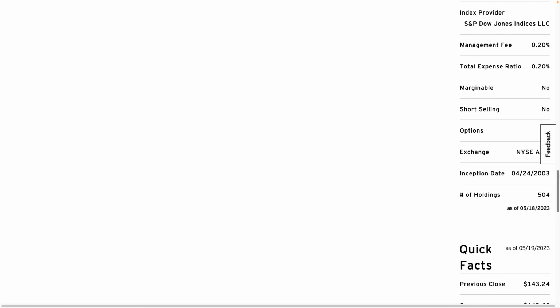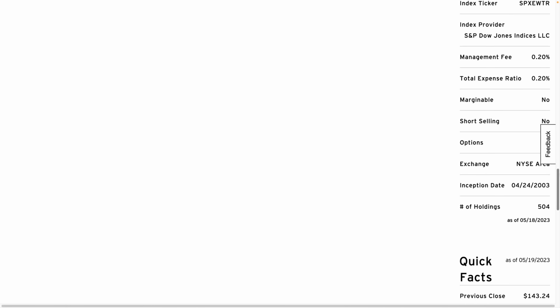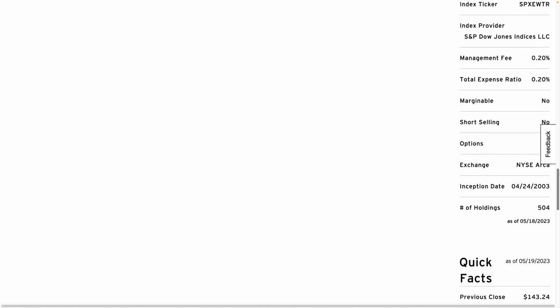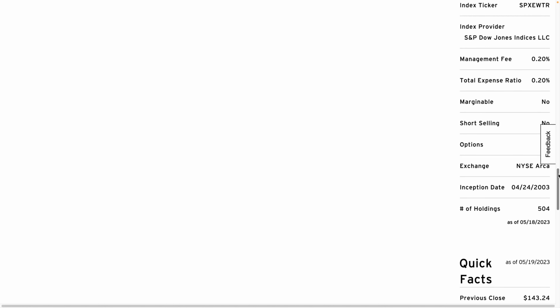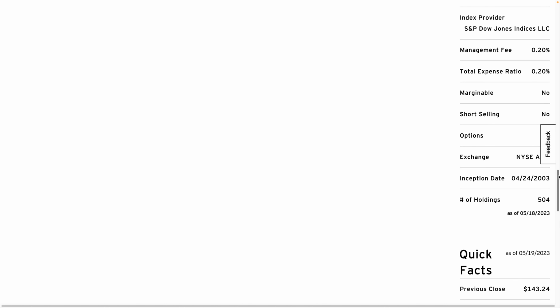It's rebalanced so that they all have equal weight in each stock, so that the pie slice is the same for each stock, versus the Vanguard S&P 500 fund where the top holdings are larger slices than the ones near the bottom.